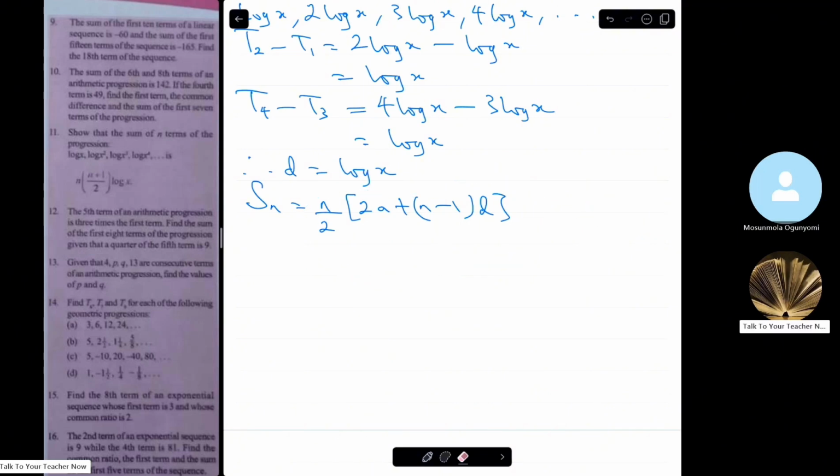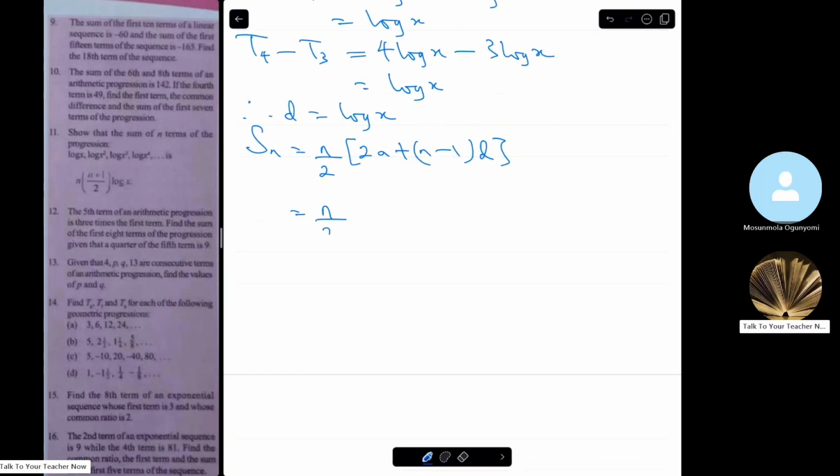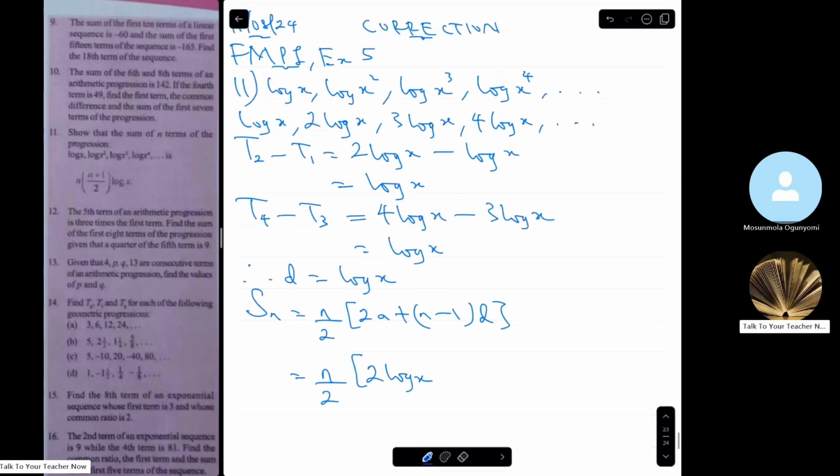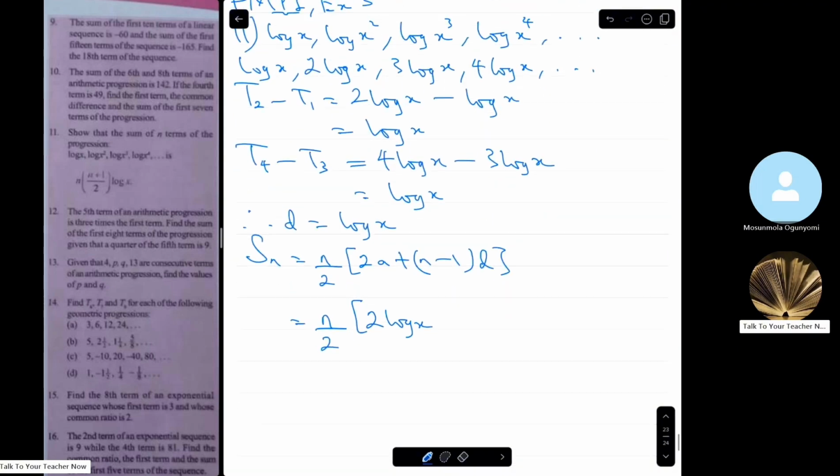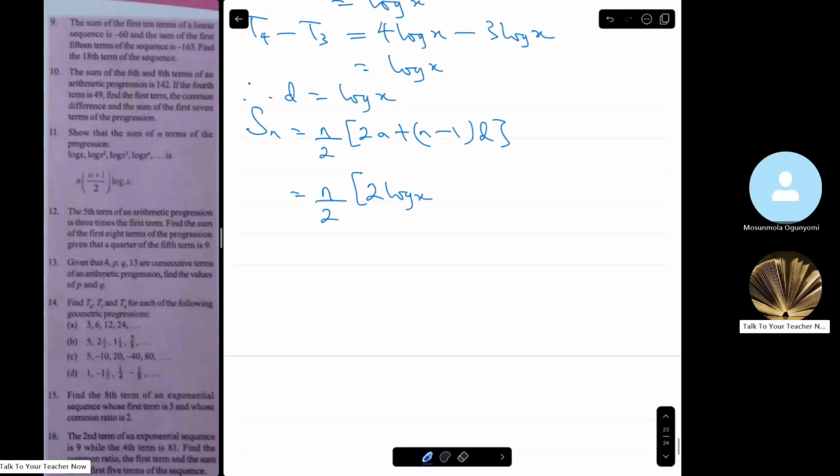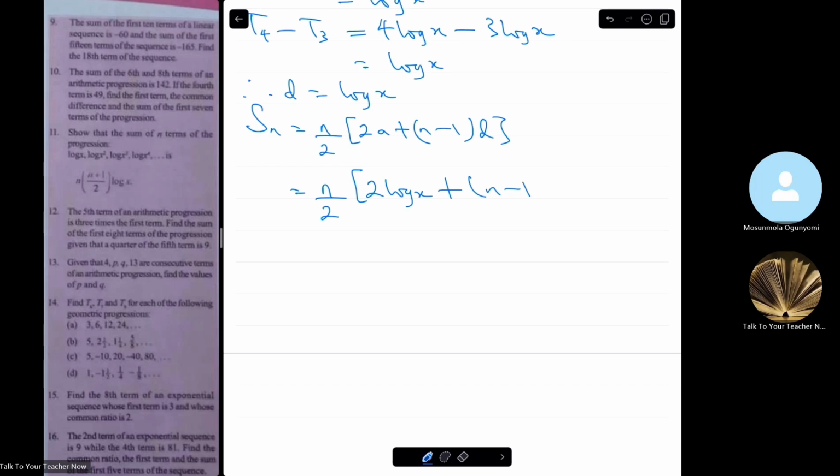If we're able to do that, that's a proof. So n over 2 into bracket 2, what is a? Log x. You know a is T1. Plus n minus 1. What is the common difference? Log x.